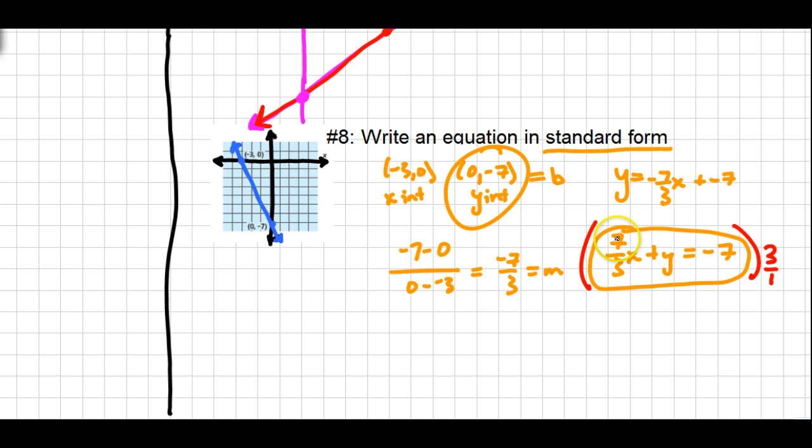If I do 3 times 7, I get 21. 3 times 1 on the bottom is 3. 21/3 makes simply a 7x. 3 times y is going to be 3y, and 3 times -7 is -21. This is the answer that the book will give for question number 8. I'm fine with students leaving their answer either in the orange form or the red.